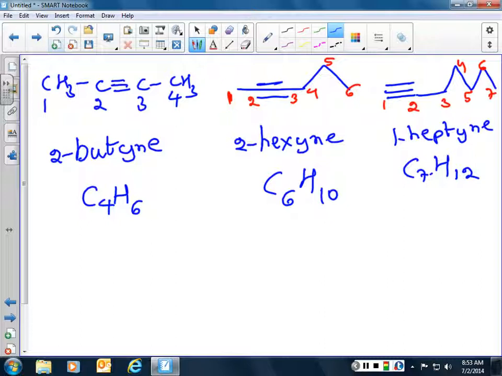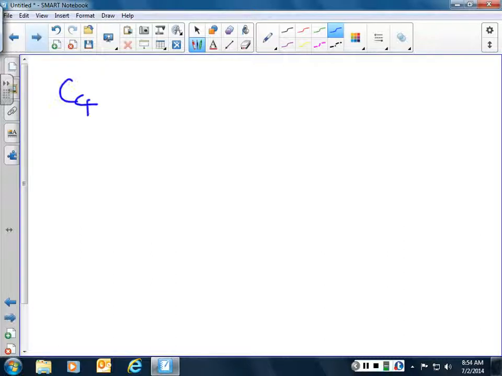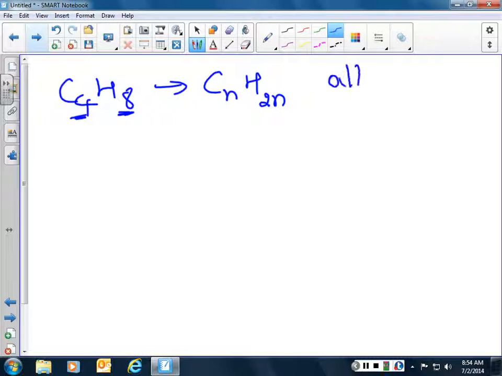See, I'll give you one simple trick to know the molecular formula. If I write this molecular formula, I know which one it is, correct? Because carbon is N, hydrogen will be double, 2N, twice that number. So that is alkene.